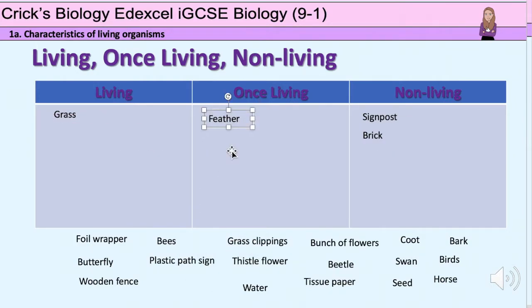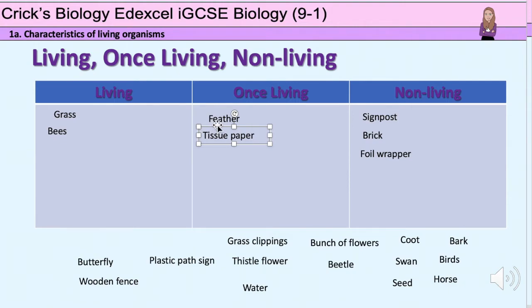The bees were obviously living as they were flying around. The foil, which had been dropped by somebody, has never been living, so that needs to go into none living. The tissue paper is made from trees, so that goes under once living.